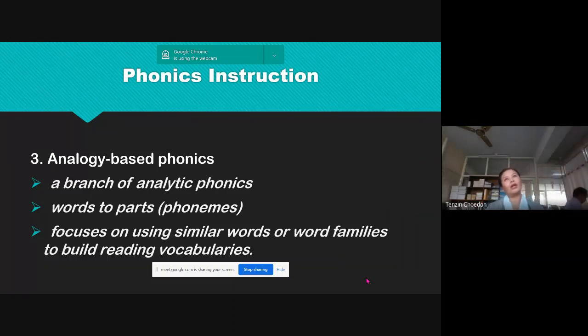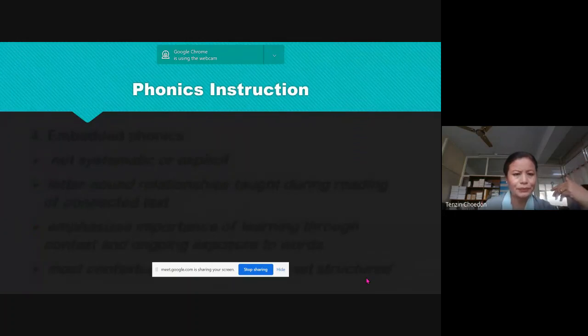With older students, we give them word families to build their reading vocabularies. When we introduce a word that is similar or in the same family, their vocabulary builds up.